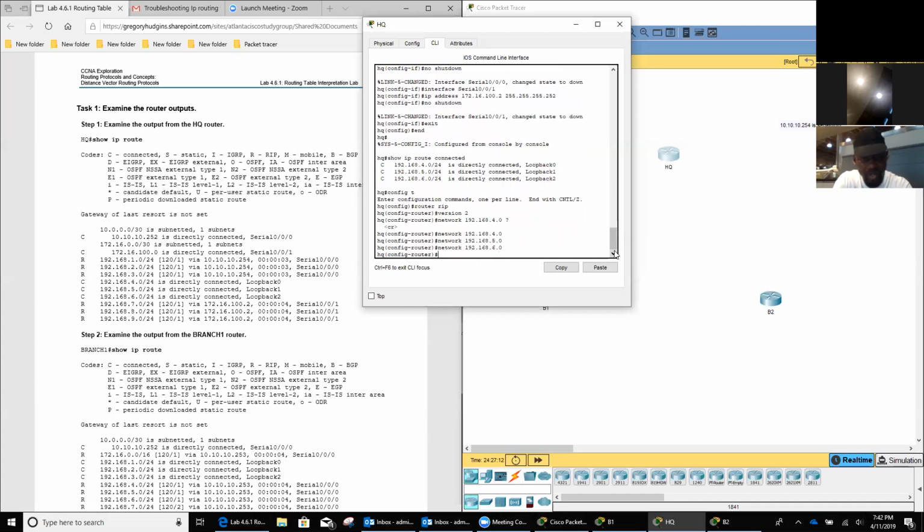All right, cool. Now what we want to do is advertise the serial connections. So go ahead and type network. We want to type the network address of the first serial, which is 10.10.10. And then we want to enter the network address of that, which would be what?